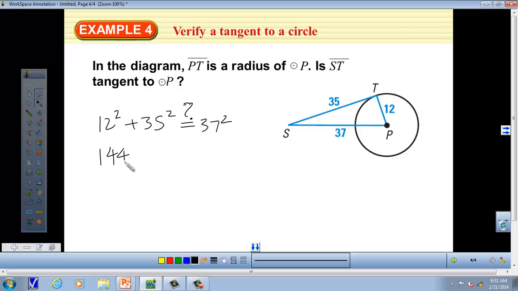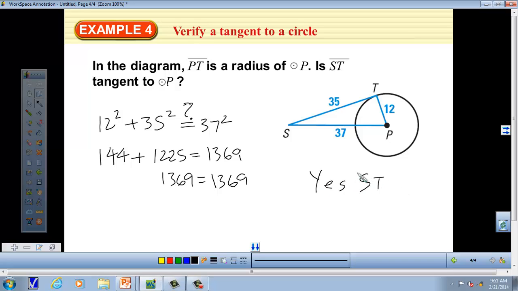So this gives me 144 here, 35 squared I believe is 1225, and 37 squared is 1369. If we add these two together we get 1369, and those two are equal. Therefore, we can say yes.